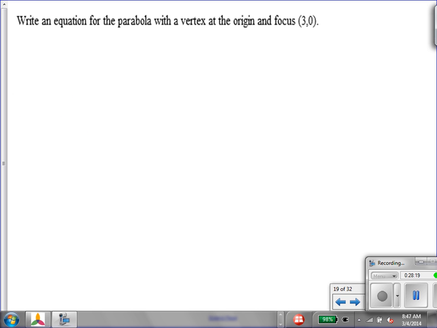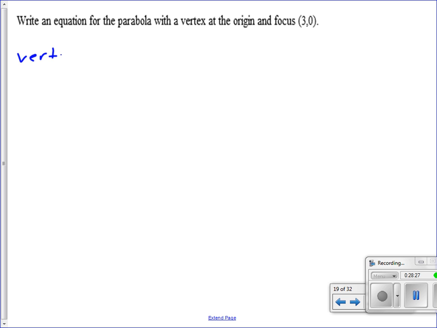Write an equation for the parabola with the vertex at the origin and the focus at 3, 0. So the vertex is at what? 0, 0. And then the focus, they tell us, is at 3, 0, which tells us which way this graph is opening. Left and right. It's actually opening to the right. Does everybody see why?